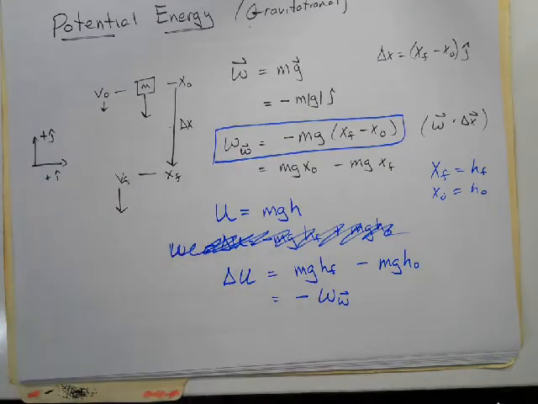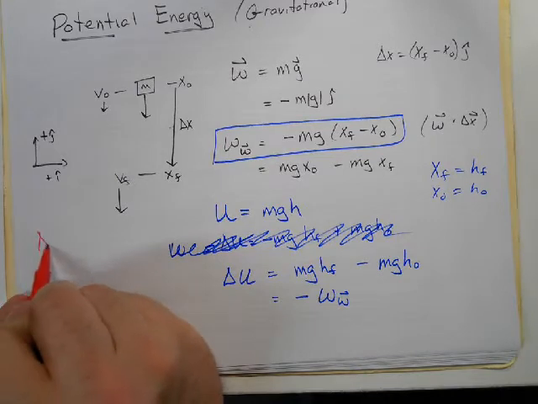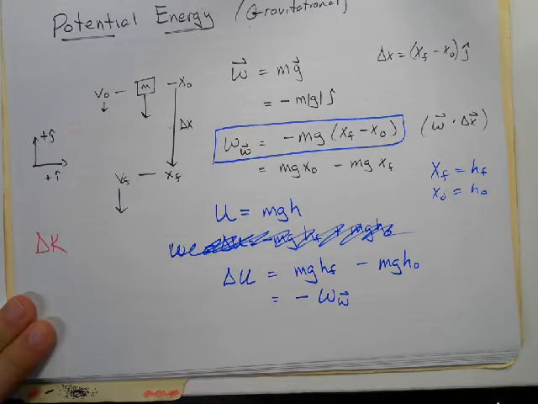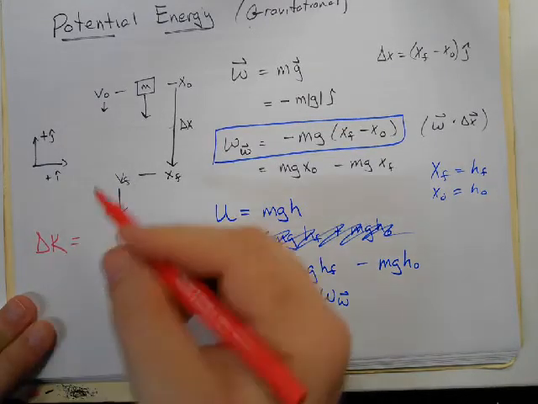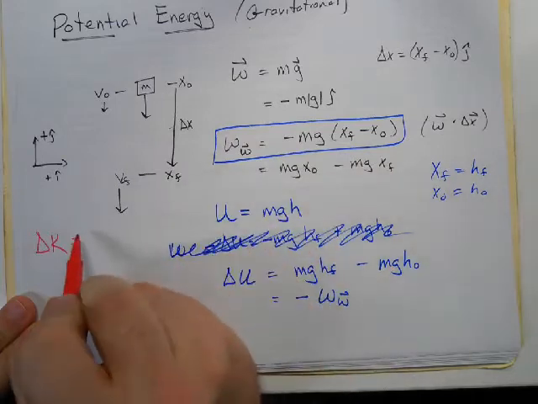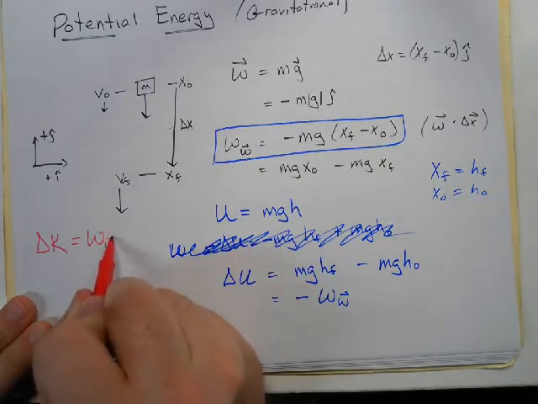Now over here off to the side, I just want to point out that when this thing falls down, we can define the change in kinetic energy, delta K. But that is because there's only one force acting on this. That is the work that the weight force does.